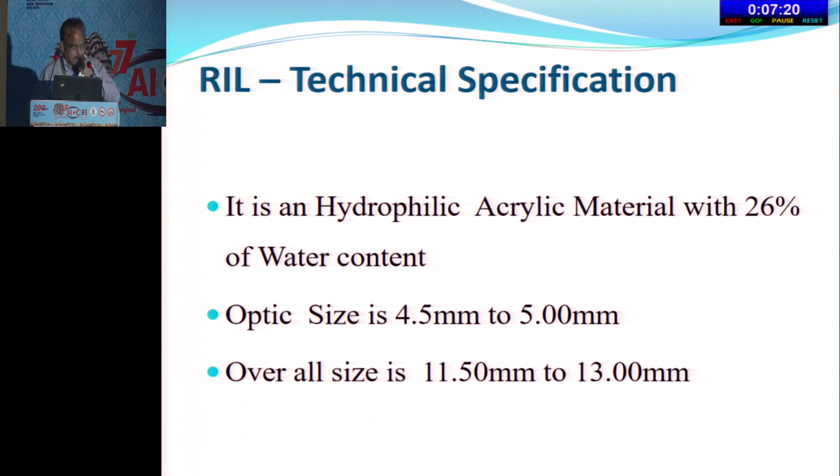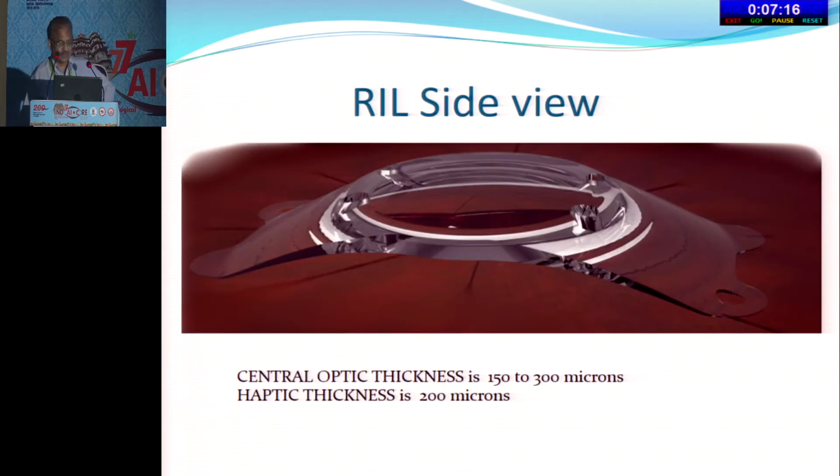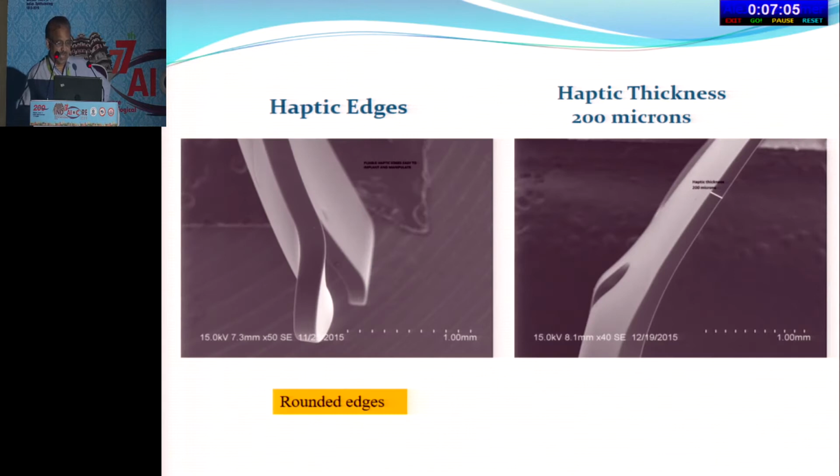Technically, it is a hydrophilic acrylic material, 26% water content. In the RIOL side view, central thickness is 150 to 300 microns, and haptic is 200 microns with a rounded edge.